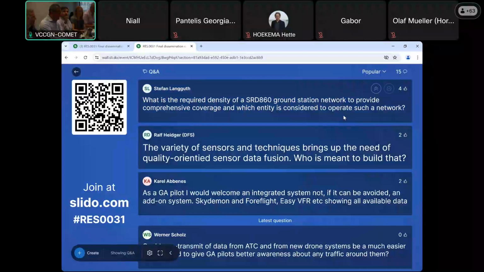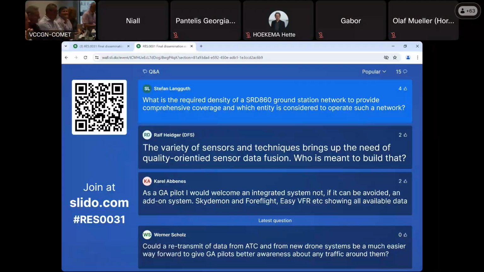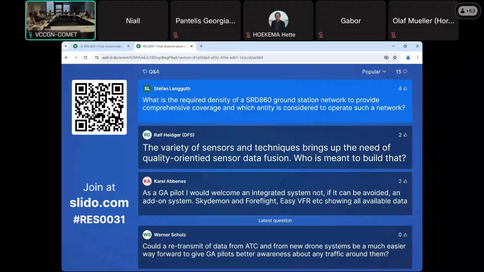Stefan, question from Stefan. So go ahead, please. You can say it loud. Yeah, so I would like to know, you mentioned in the slides that there should be a ground station network for SRD 860, and I'm wondering how dense this network has to be.